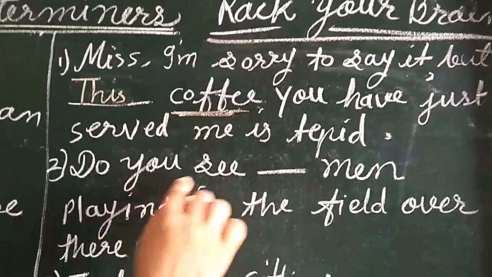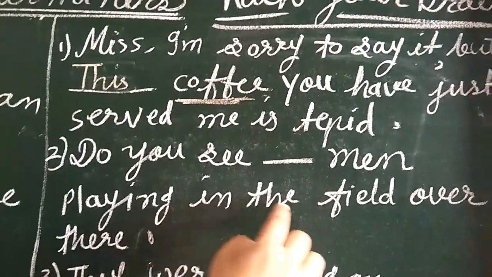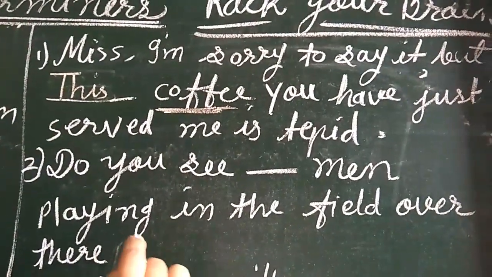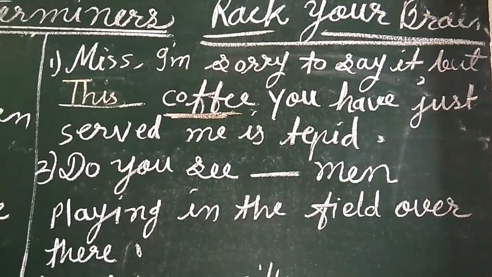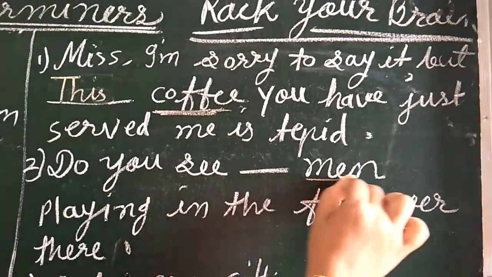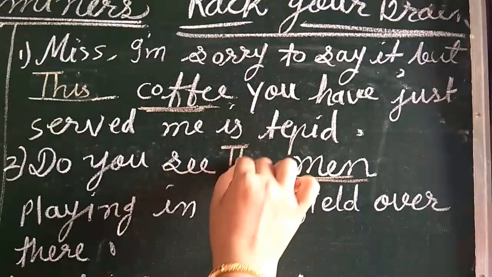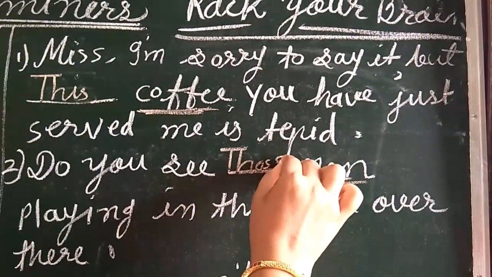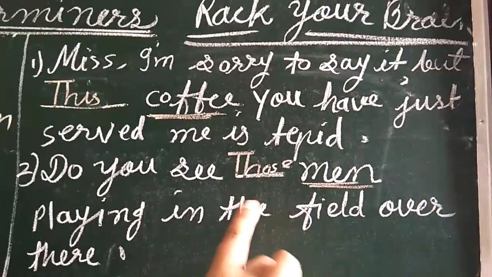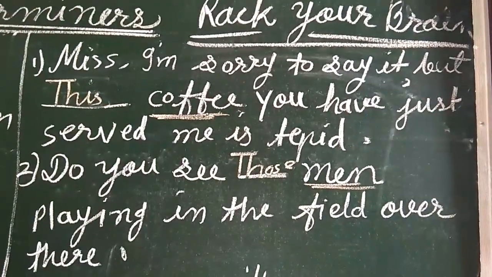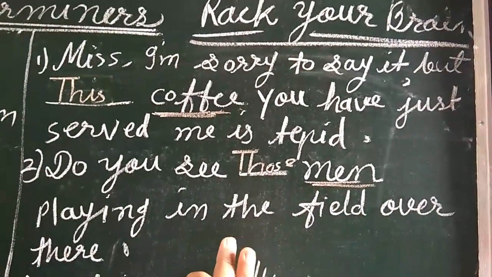Second: do you see men playing in the field over there? So what is the answer? Men is the plural form. The answer is those. Those refers to a plural noun that is far from the speaker.